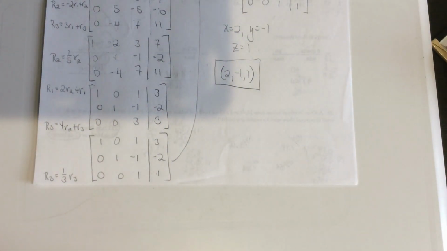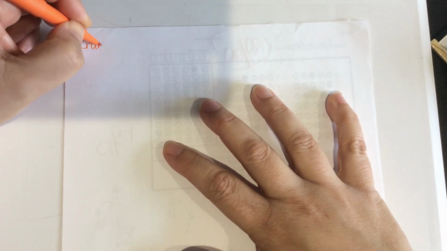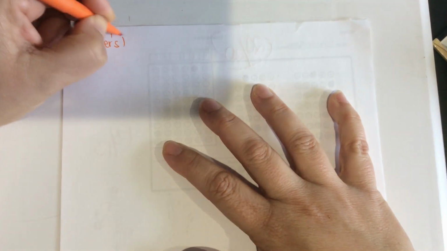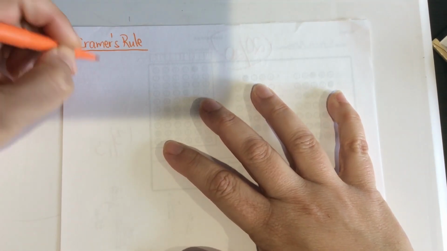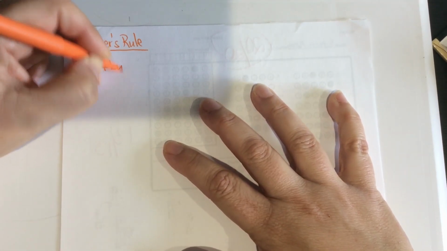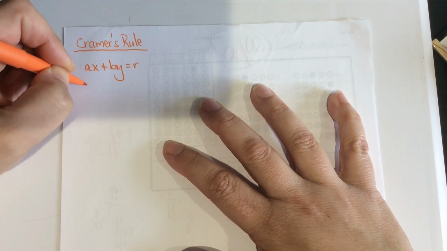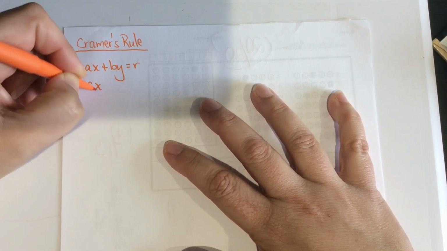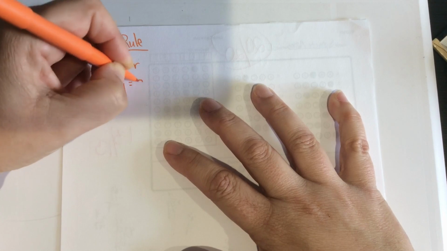Real quick review of Cramer's rule. So if I have a system, I'll show you for a 2x2. Just a refresher. What did we do? See, this may not match exactly what you have in your notes. I'm just kind of winging it.